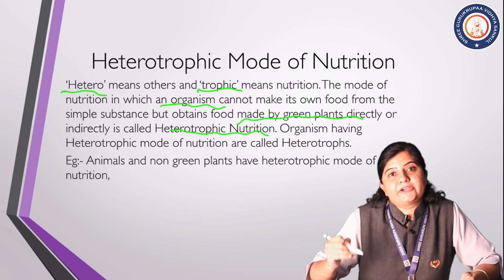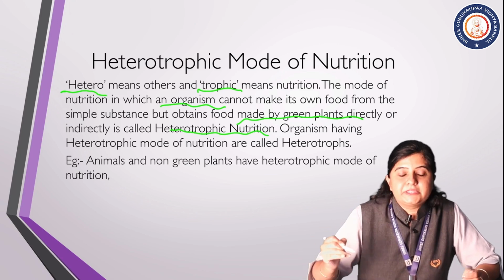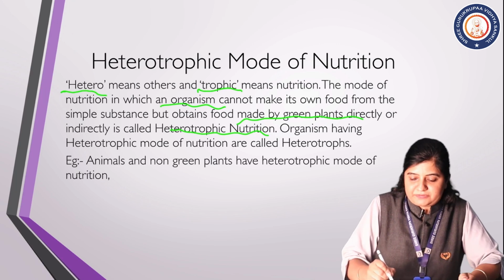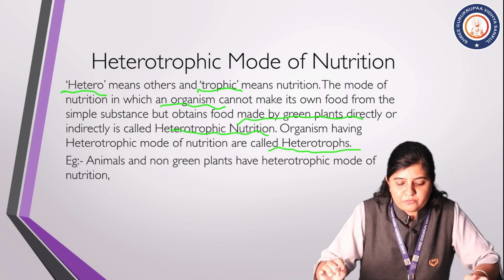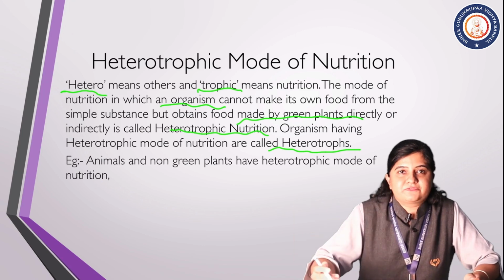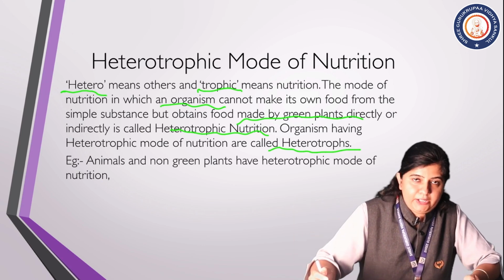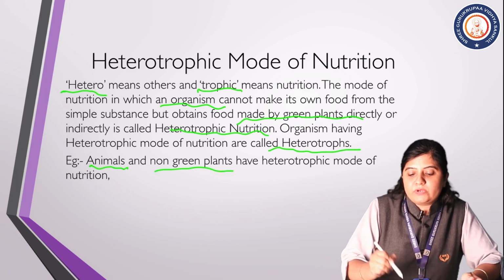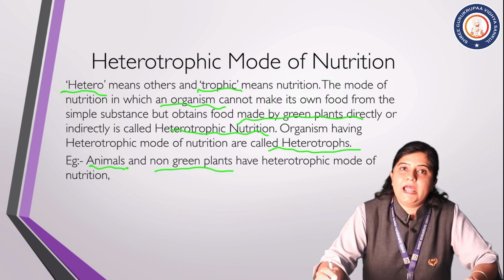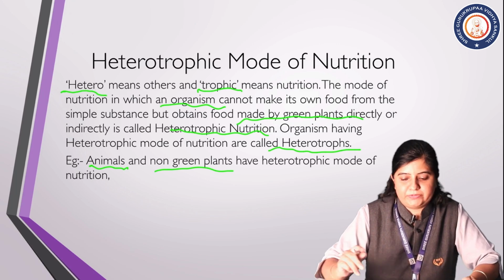Organisms having this mode are known as heterotrophs. As heterotrophs cannot prepare their own food, they depend upon plants for their food, either directly or indirectly. Example, animals and non-green plants come under heterotrophic mode of nutrition.